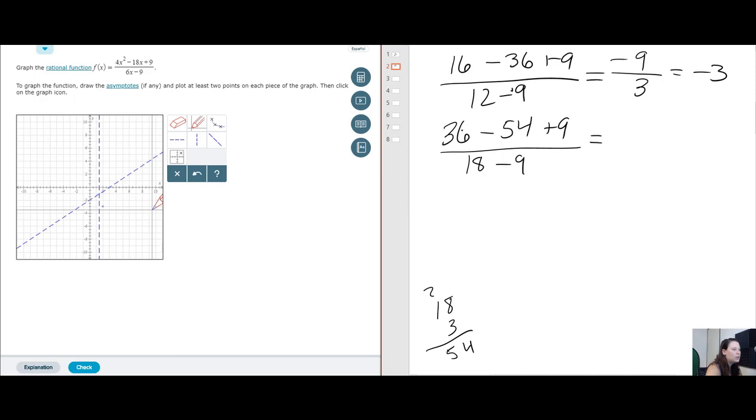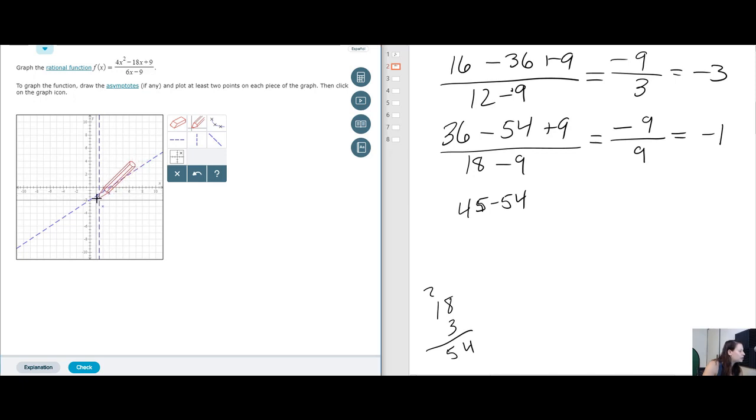So 36 and 9 make 45, minus 54. So hold on, 45 minus 54, yeah, that's minus 9 again. Then we get 9 in the bottom, so that would be -1. So we plugged in 3 and we got -1.